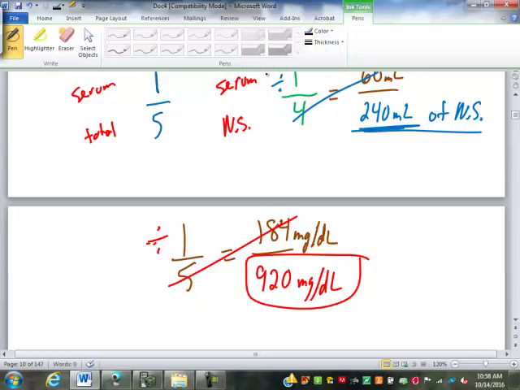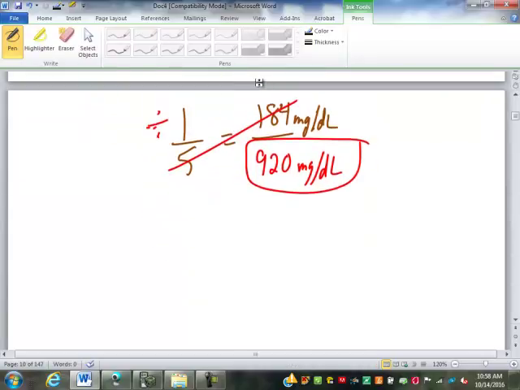Now, there's one thing to be a little bit careful of here. Most of your meters have an error factor into them, right? So let's say your meter is plus or minus 5 milligrams per deciliter. We diluted that sample.